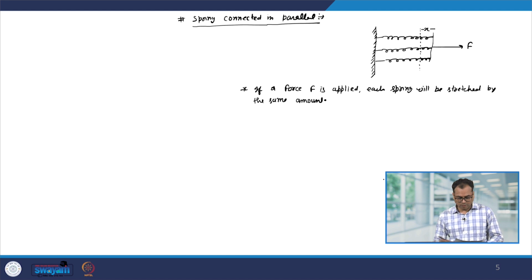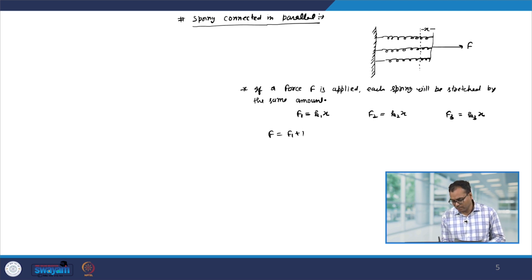So, therefore, for the first spring the force F1 will be k1 times x, and for the second spring F2 will be k2 times x, and for the third spring it will be k3 times x. Okay. And total force F will be F1 plus F2 plus F3.